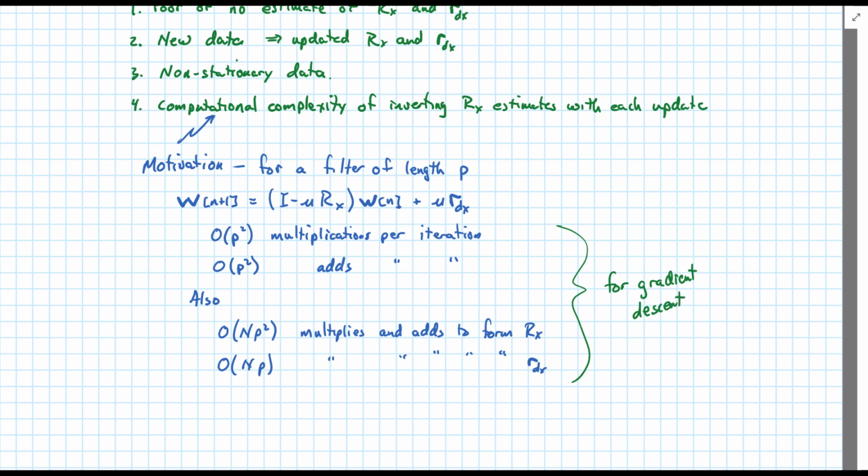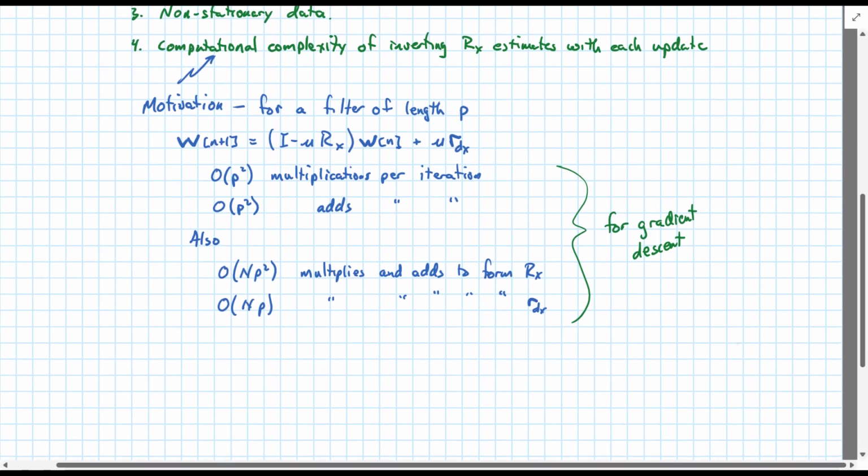So even if we decided not to do gradient descent and just to do the inverse, then we have order p cubed operations for the inverse, but we still have to form our Rx and our Rdx using these things down below.